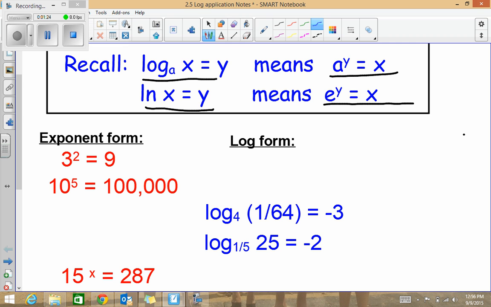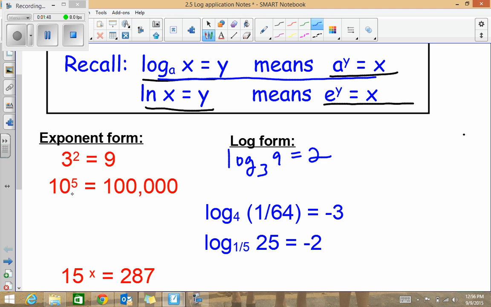If we wanted to write it in log form using this little formula, we would say log base 3 of 9 equals 2. So again, keep in mind that the exponent of an exponential equation becomes the answer to a log equation.